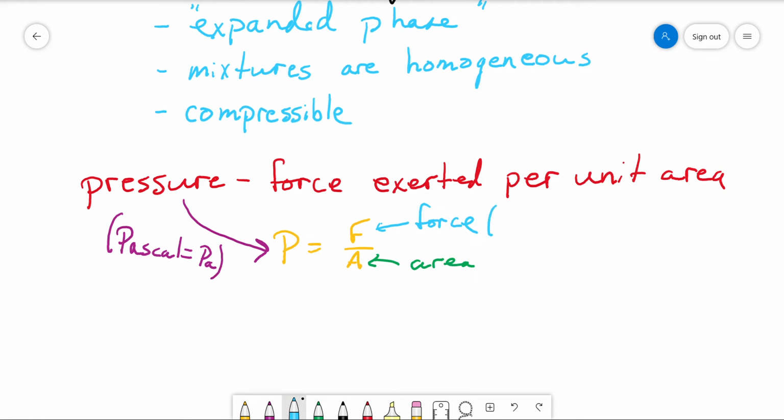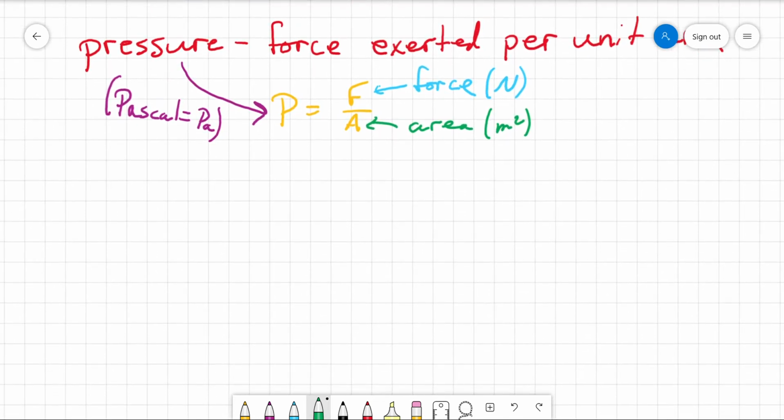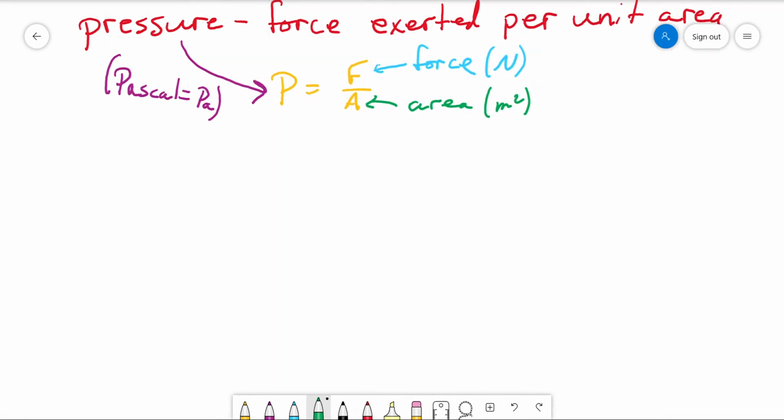Force measured in newtons, area measured in meters squared. That's the SI units. Okay, and that gives us 1 Pascal is equal to 1 Newton per meter squared.